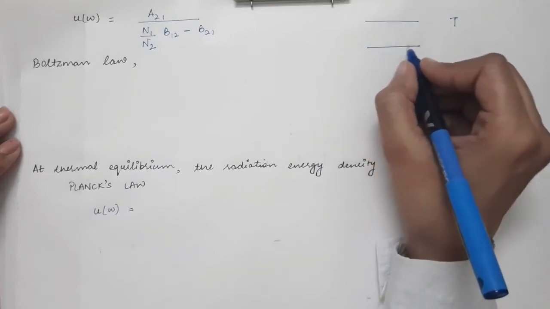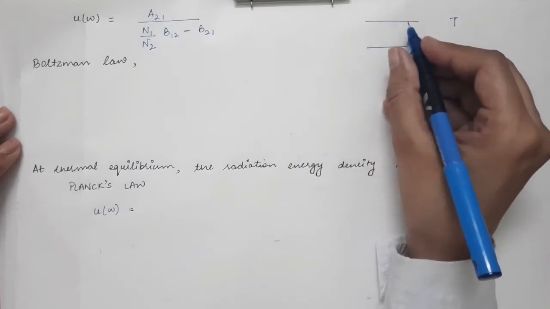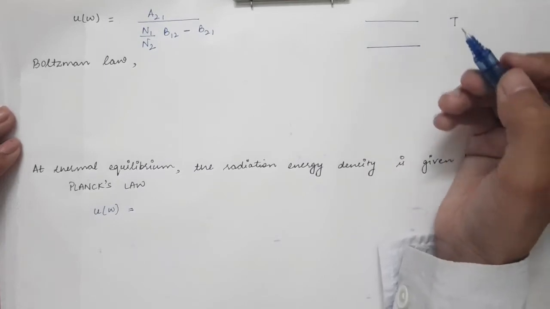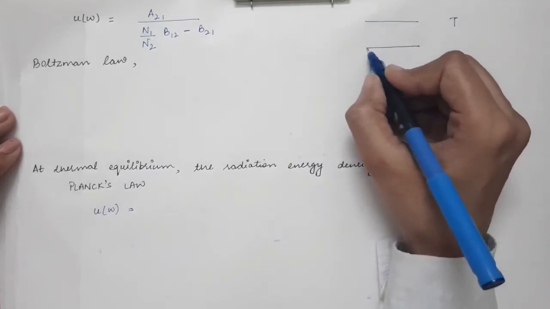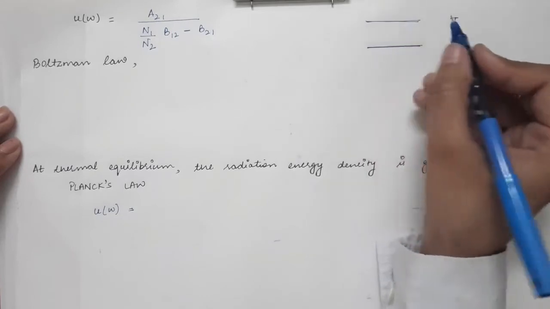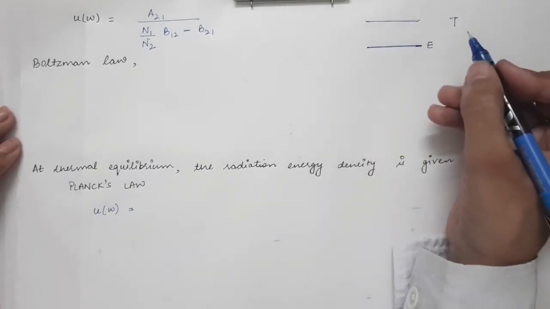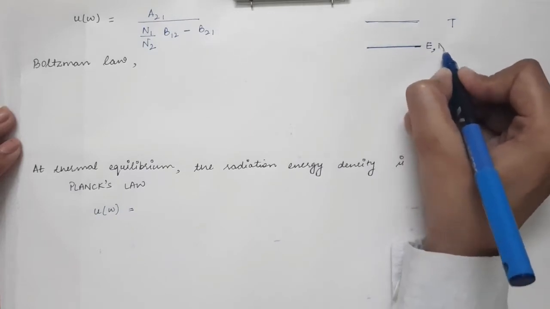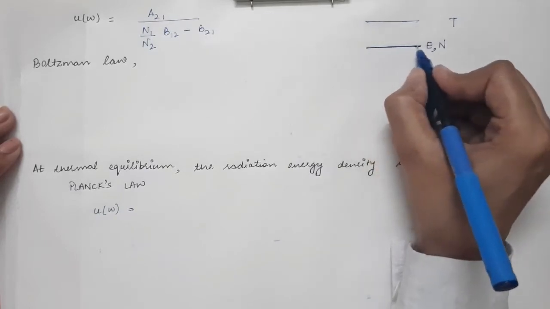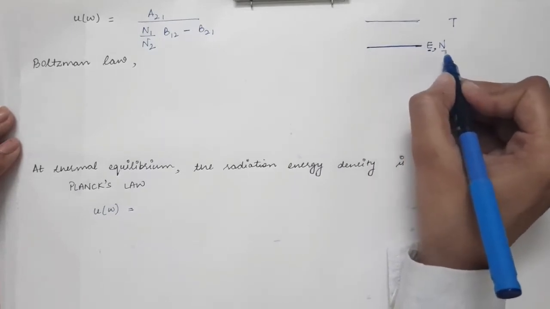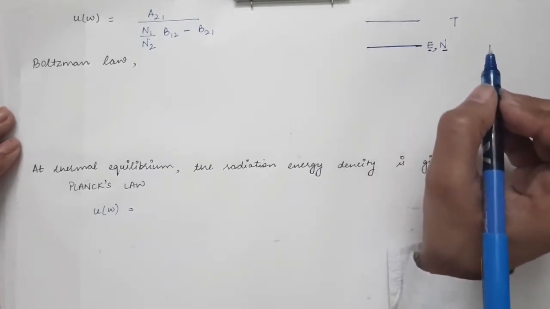Some atoms will be in the lower state, some will be in the excited state, some in the second excited state, and so on. So let's say this energy level has energy equal to E, and there are n atoms present in this energy level. So this E energy state is occupied by n atoms.